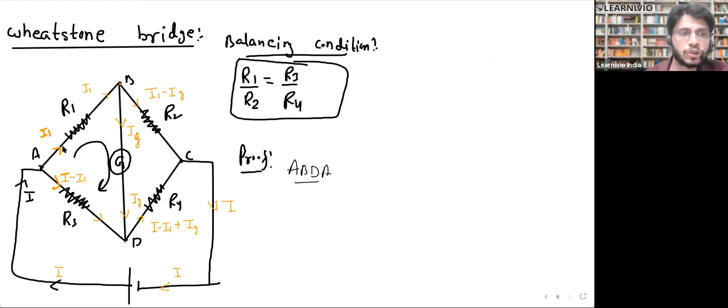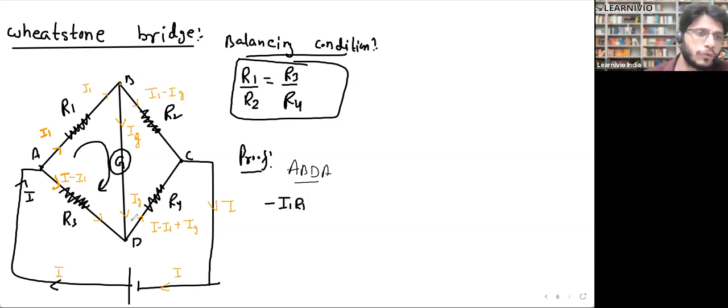Write the equation for this loop ABDA. Mariam, start telling the equation of the loop ABDA. It's travel from A to B. How much is the voltage drop? Minus R1 bracket I1.